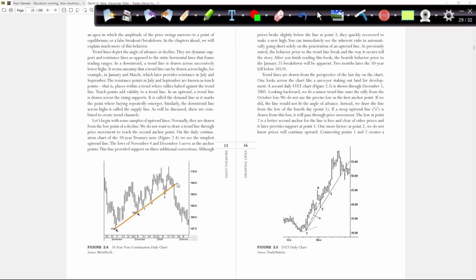We do not want to draw a trend line through price movement to reach the second anchor point.